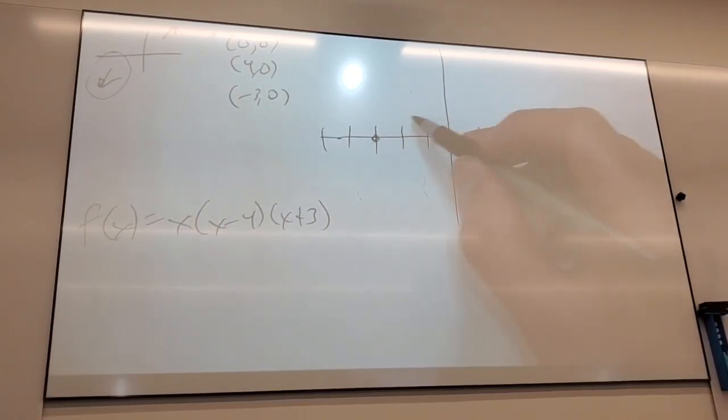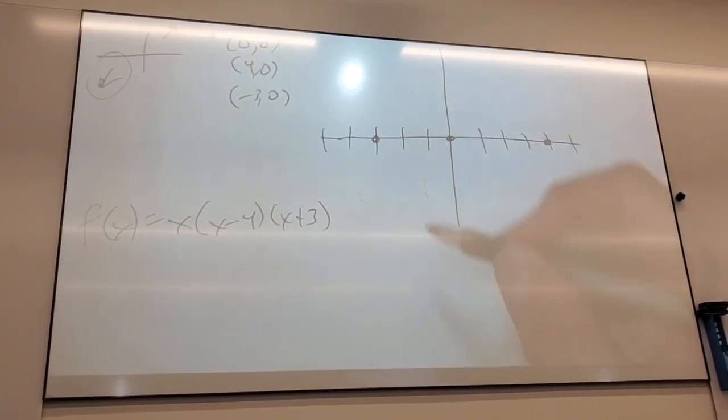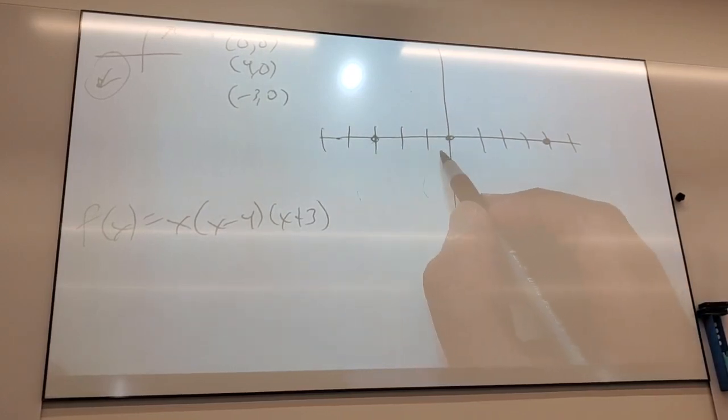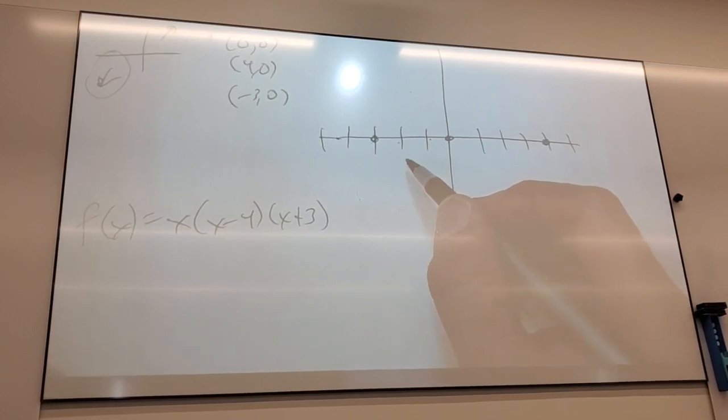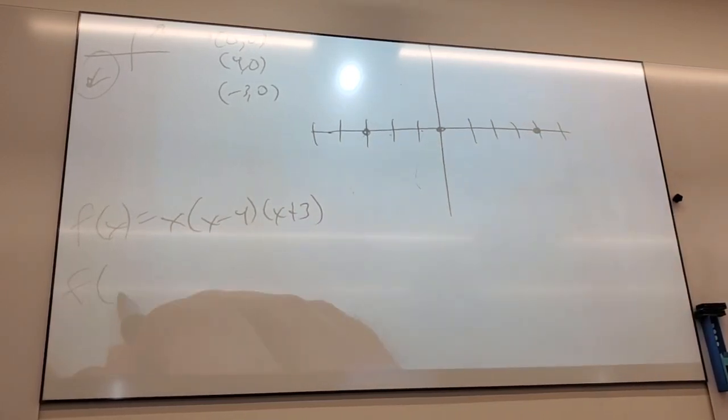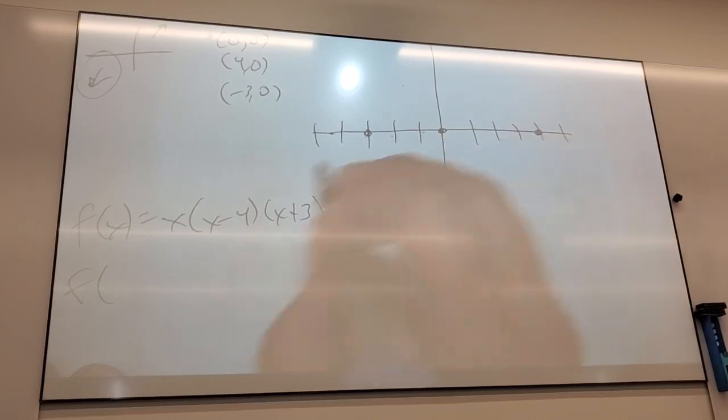So what's a good point to plug in to see where it is? Somewhere between -1 and -2. Don't plug in -1.5, that's just silly. So I'll plug in -2.